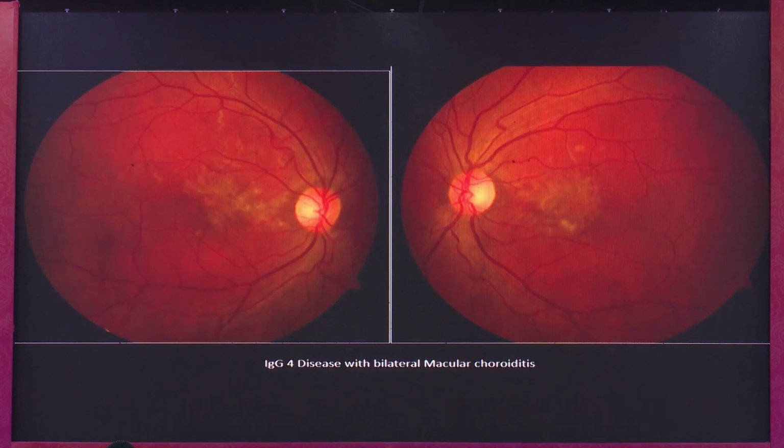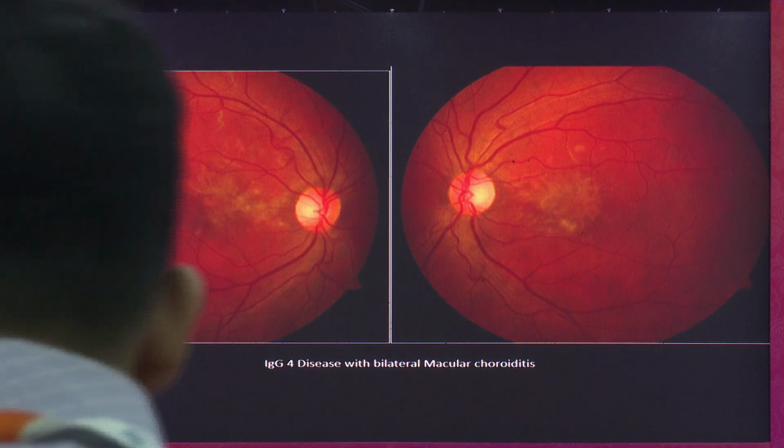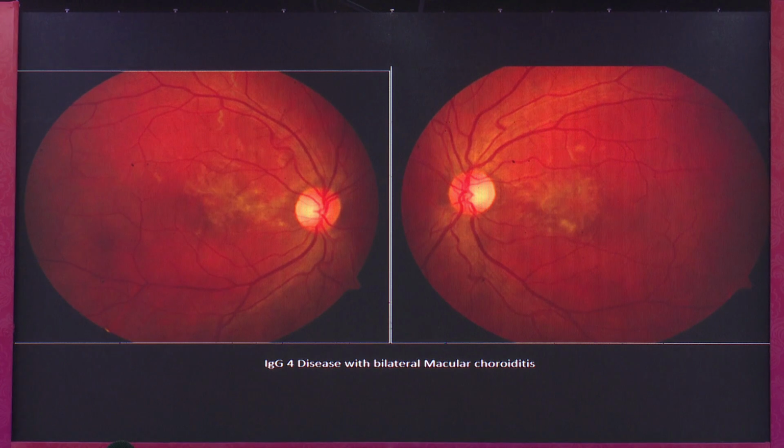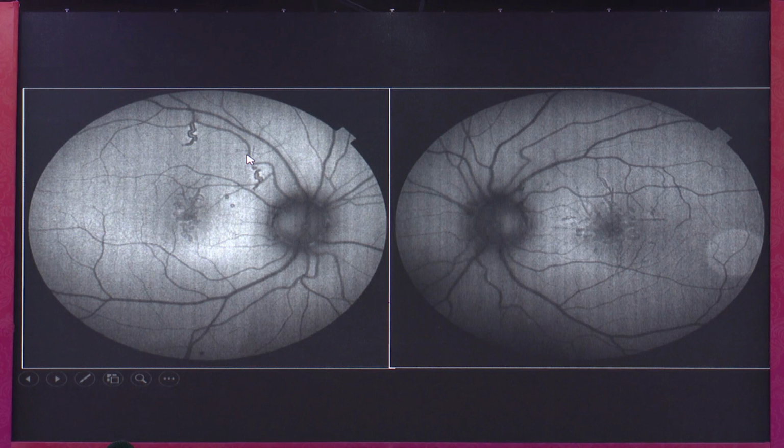Now, this patient was hospitalized as IgG4 disease, and he was referred to us as macular choroiditis. But look at this here. I will show you better autofluorescence, the linear lines, which you can better appreciate here. Why should a patient of choroiditis have these linear strands? It just doesn't make sense.